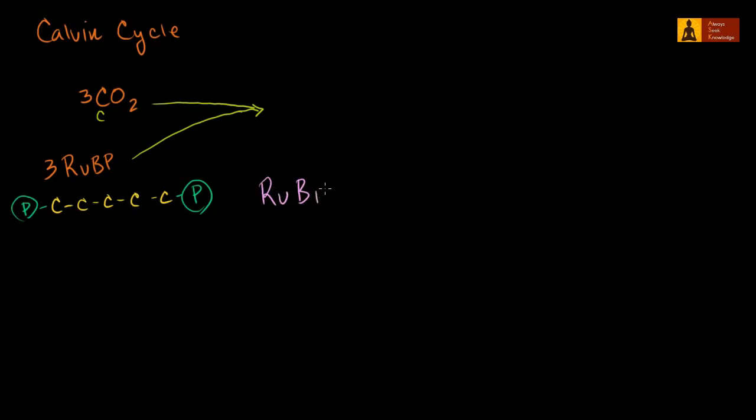So all of this is happening with that big Rubisco protein or enzyme or whatever you want to call it. And this just stands for ribulose biphosphate carboxylase. So it's essentially telling you that it merges a carbon onto ribulose biphosphate. In the last video, I did a very hand-wavy version.